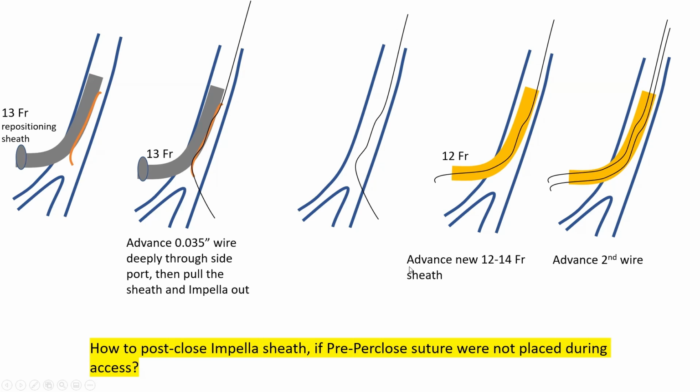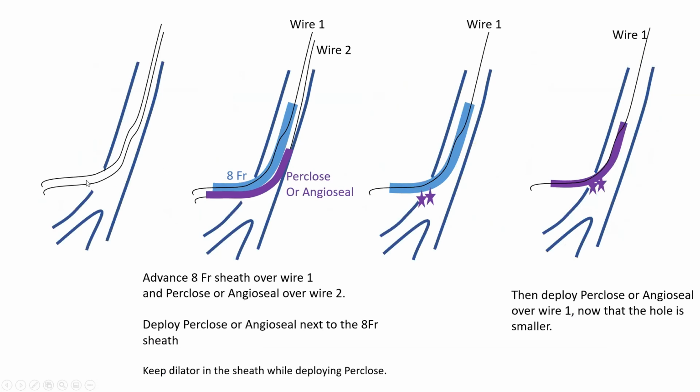Then you take out that 12 French sheath and you advance an 8 French sheath over 1 wire and another either 6 French sheath or an 8 French Angio-Seal or Perclose over the other wire. The idea here is that you're trying to narrow down that 13 to 14 French hole into 2 smaller holes so that the Perclose or the Angio-Seal, which are designed for an 8 French smaller hole, will be able to grab the edges of the narrowed down holes.